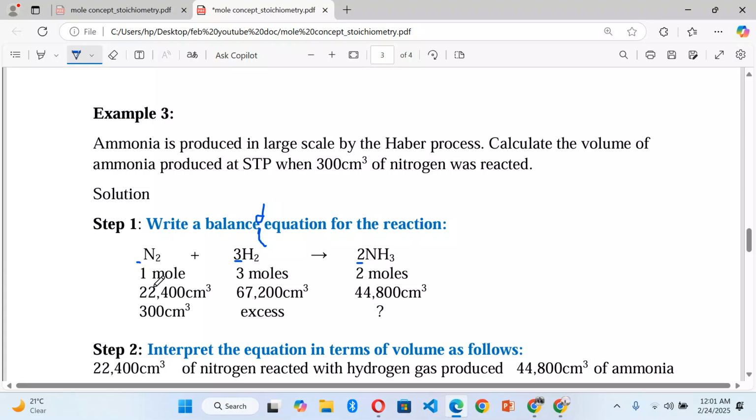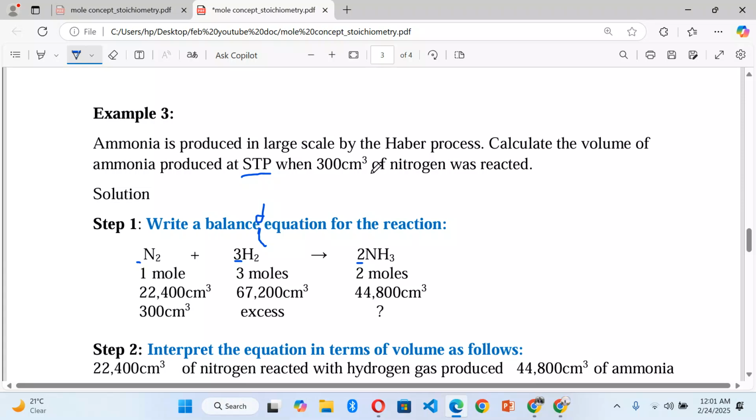Now, let's look at this. We say that 1 mole of a gas at STP, don't forget, this is at STP, what does it occupy? Now, in this case, our volume is in cubic centimeters. We have to be very inquisitive, and understand that these volumes can be converted from liters to cubic centimeters, and from cubic centimeters to liters. We looked at that in our previous session.